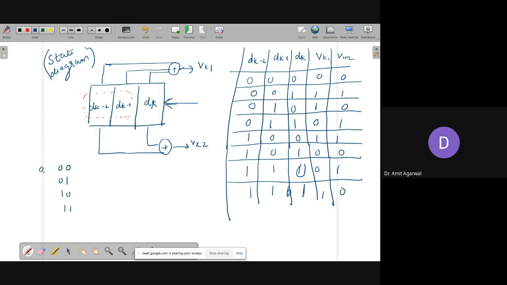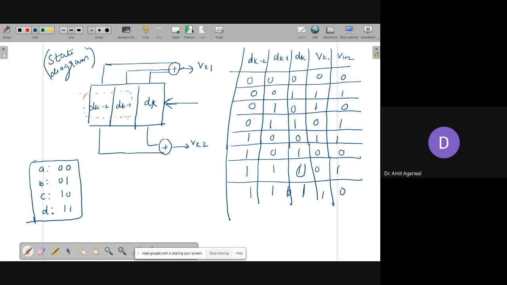Let us represent the first state by A, the second state by B, the third state by C, and the last state by D. So these are the 4 possible states. You will see that our channel encoder will move from one state to another according to the value of dk.